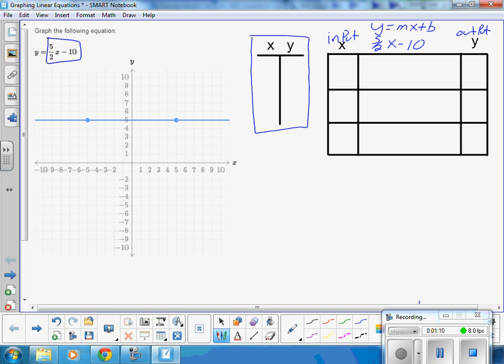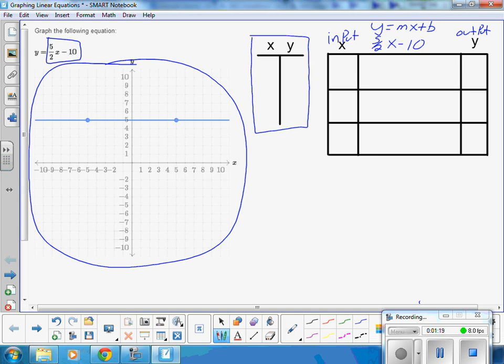The only thing is some x values will give you a y value that is not going to fit in our graph. Okay? So you might have to do more than 3 or more than 2 x values to get the points to fit on the graph.